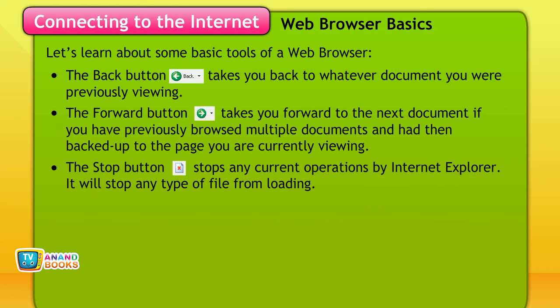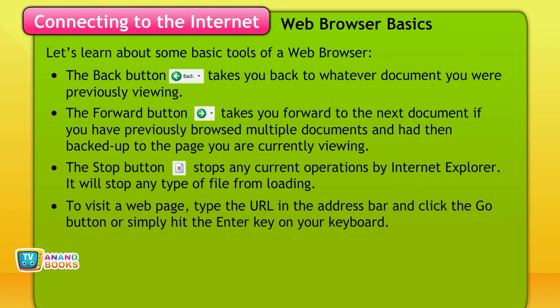The stop button stops any current operations by Internet Explorer. It will stop any type of file from loading. To visit a web page, type the URL in the address bar and click the Go button or simply hit the Enter key on your keyboard.